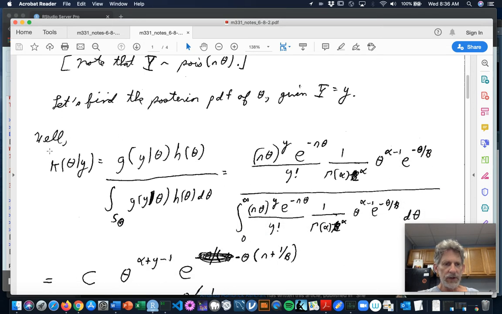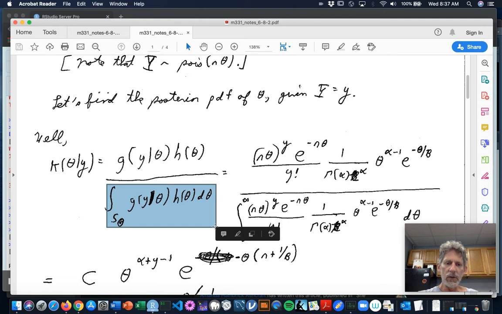So Bayes' theorem says you're looking for k of theta given y, and it's going to be the conditional of the data given theta's PMF, because Y is a Poisson, it's discrete, times the prior h of theta, PDF, over the unconditional probability that capital Y equals little y found by conditioning on theta. So there it is, that usual integral on the bottom.